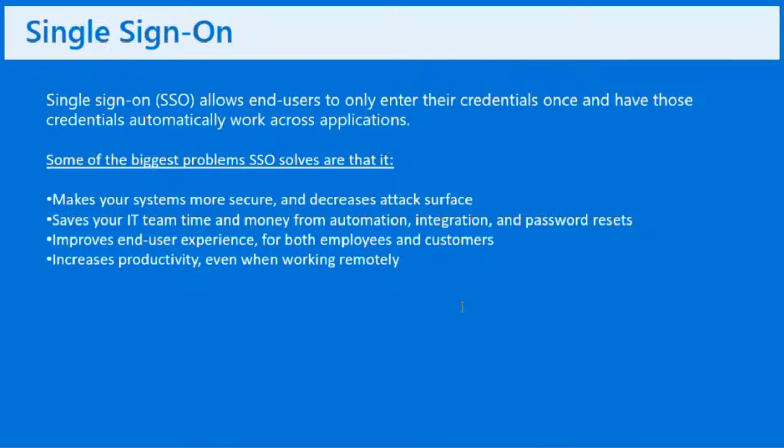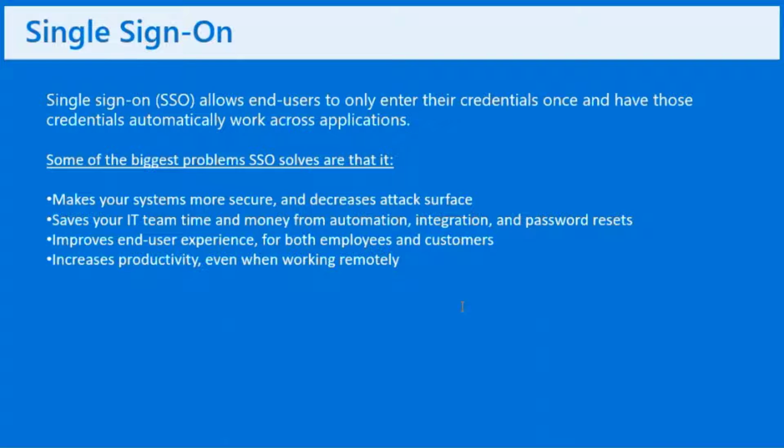Some of the biggest problems you can solve through SSO: there is going to be less password management, which means less prone to human error. It makes your system more secure and decreases the attack surface. It also improves overall efficiency and productivity by improving the end user experience, by just letting them enter their password once and then forget about it, and apps will be magically signing them in.